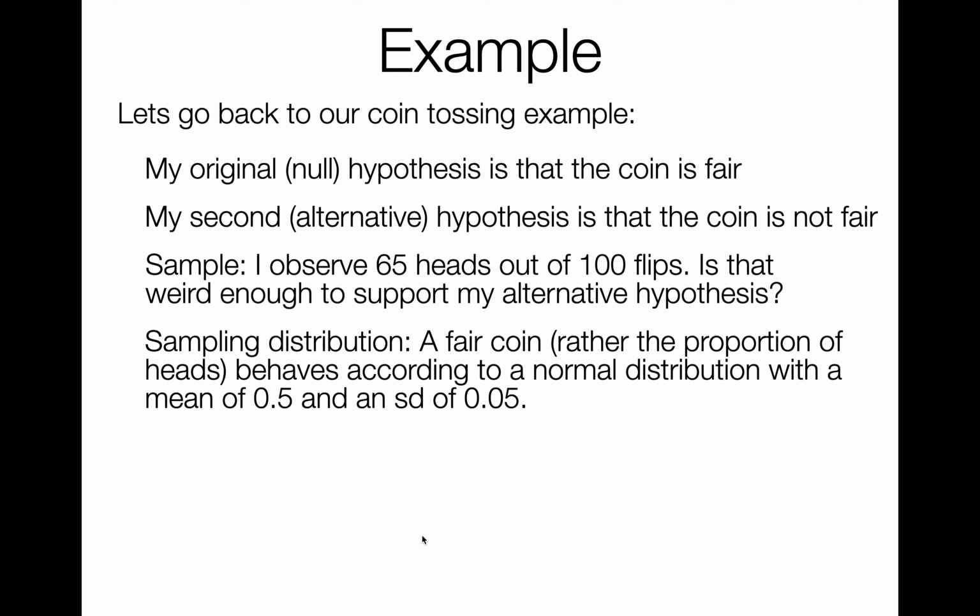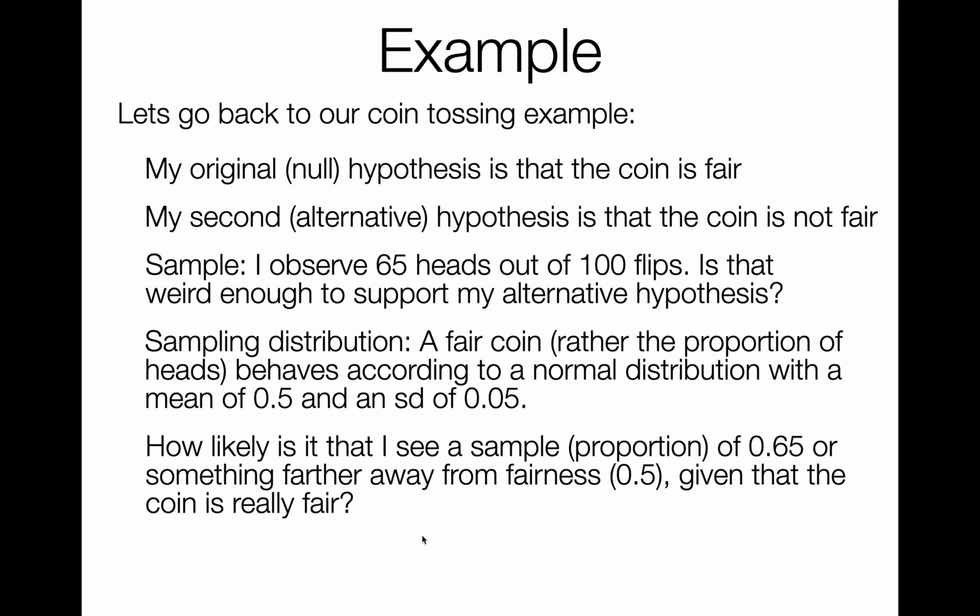I got those numbers by using the formulas that we used in lesson 6. Those calculations were done assuming that the coin was fair, assuming that p equals 0.5.